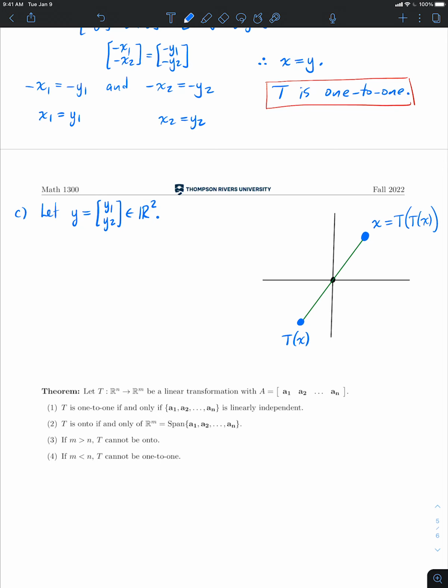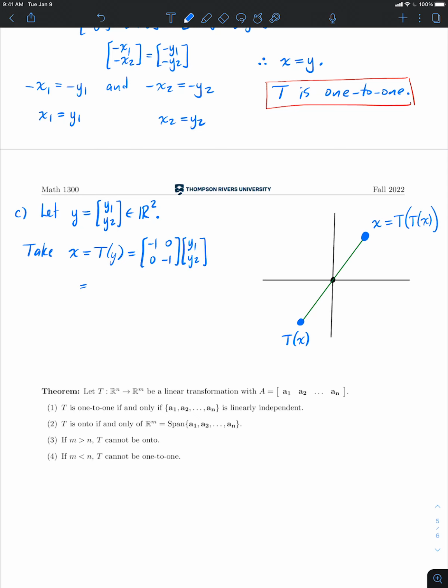We want to choose a vector x such that if you apply T to x, you get back y. Since every vector is the reflection of its own reflection, we should take x to be T of y, which is the standard matrix of T multiplied onto the vector y1, y2.